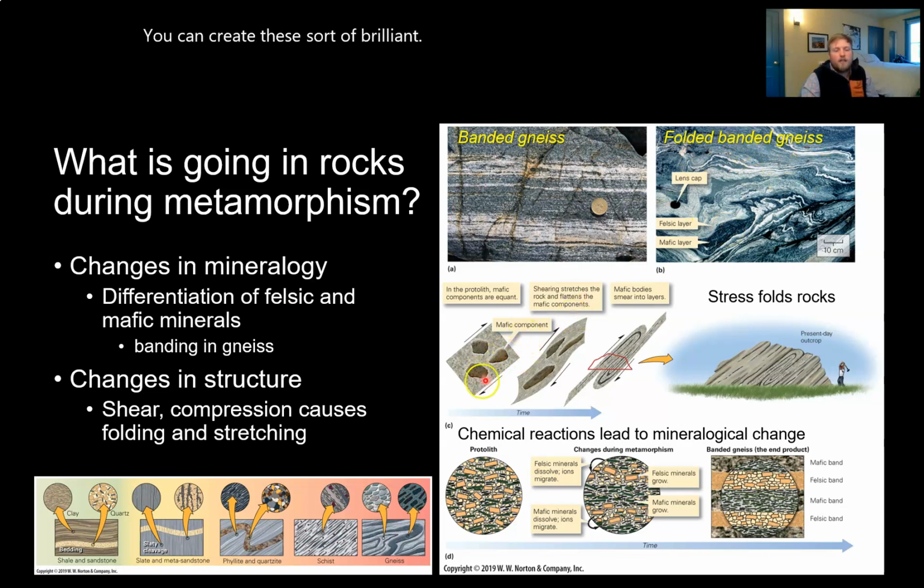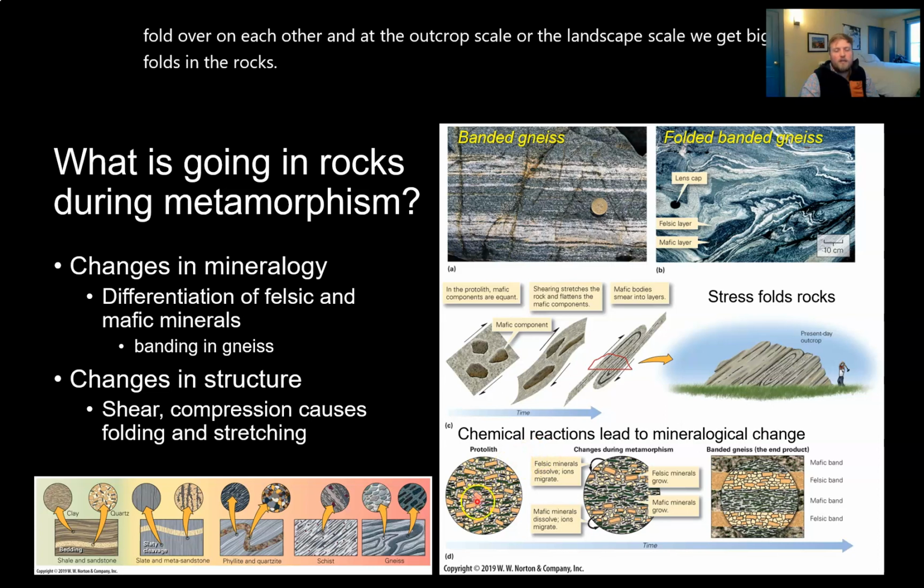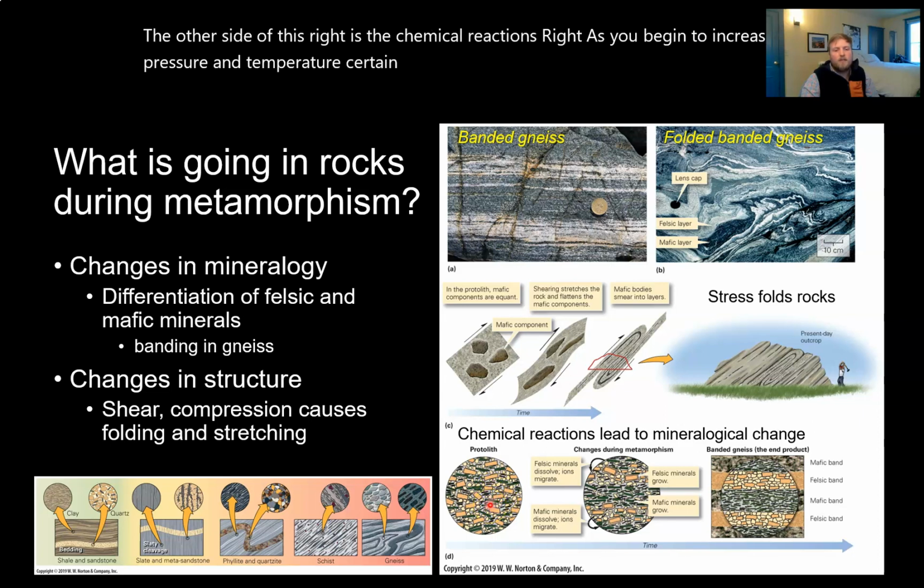Initially, as you start shearing and stretching and compressing mineral grains, you're going to make them more elongate, and eventually they can fold over on each other. At the outcrop scale or the landscape scale, we get big folds in the rocks, okay? The other side of this is the chemical reactions. As you begin to increase pressure and temperature, certain minerals are going to become unstable and new minerals will form, and that causes a differentiation of minerals into bands, okay?